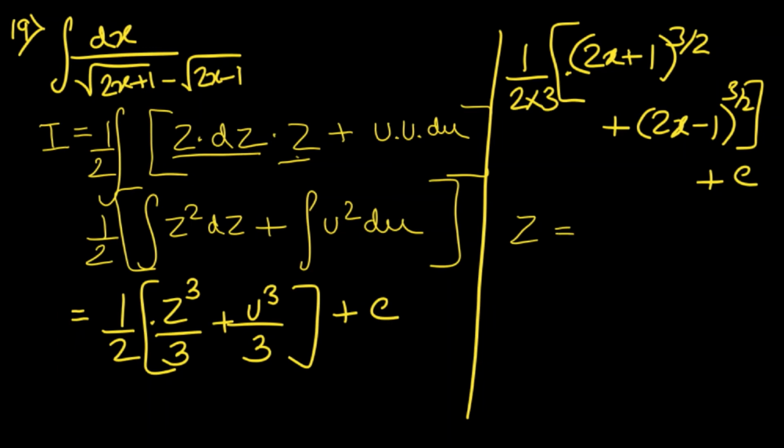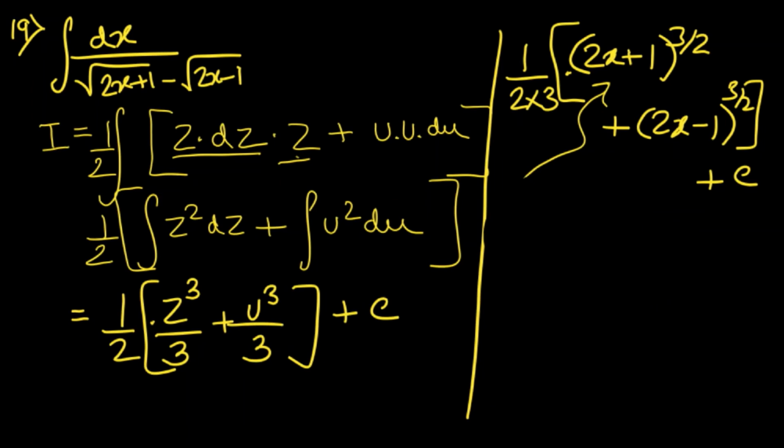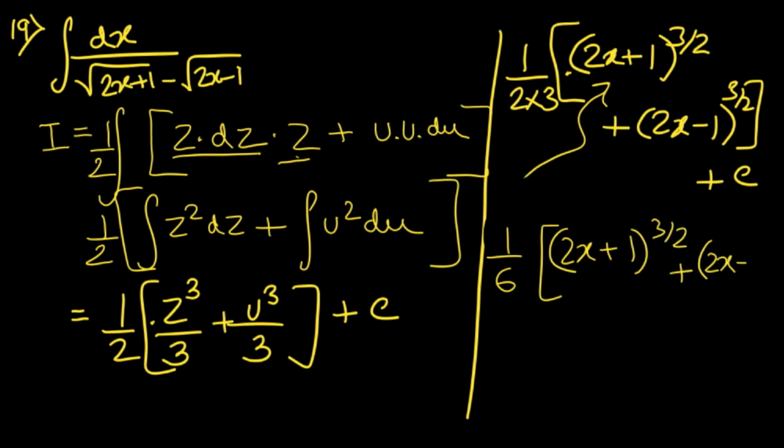We have taken z to be root 2x plus 1, so 2x plus 1 half is equal to that, so putting the z term here, so we are getting 3 by 2. So on adjusting 1 by 6, 2x plus 1 whole 3 by 2 plus 2x minus 1 whole 3 by 2 plus c. This is the answer.